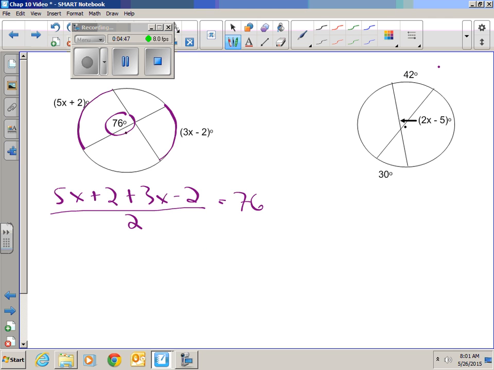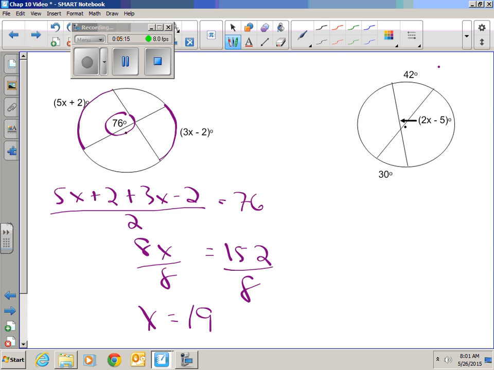On the right side, I get 152. Here, 5x plus 3x is 8x, plus 2 minus 2 is nothing. 8x equals 152, so I divide both sides by 8. X is going to equal 19.